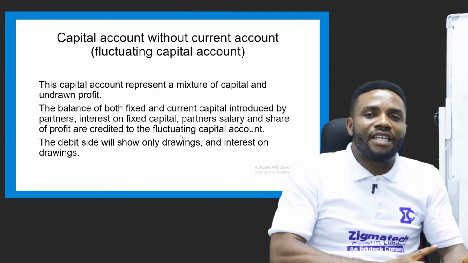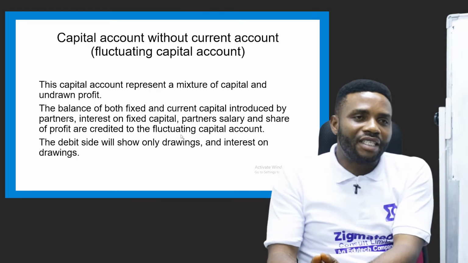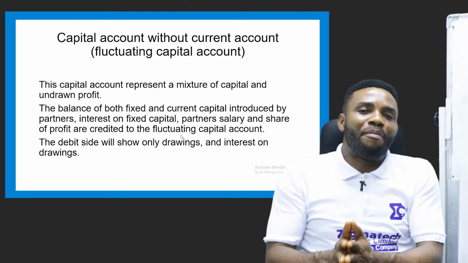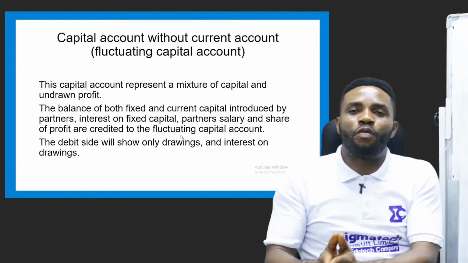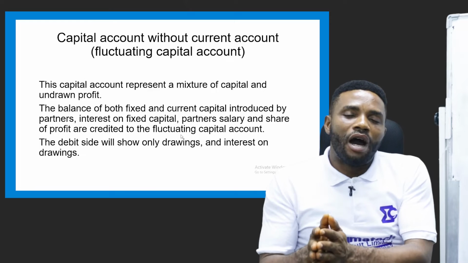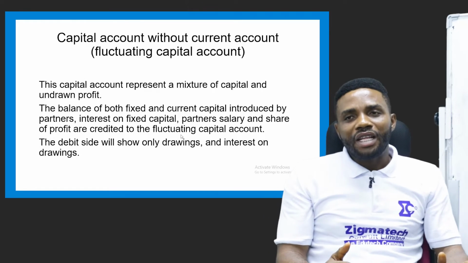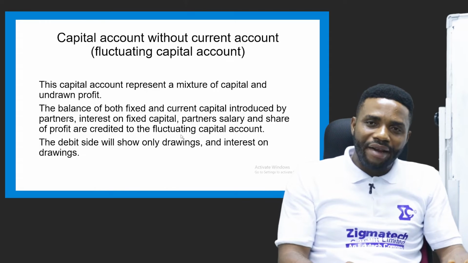Anything that belongs to Peterson is posted to Peterson's account or is credited to Peterson's account. Anything that belongs to Johnson is credited to Johnson's account. Anything that belongs to Betty is credited to Betty. The balance of both fixed and current account introduced by the partners, number 1.